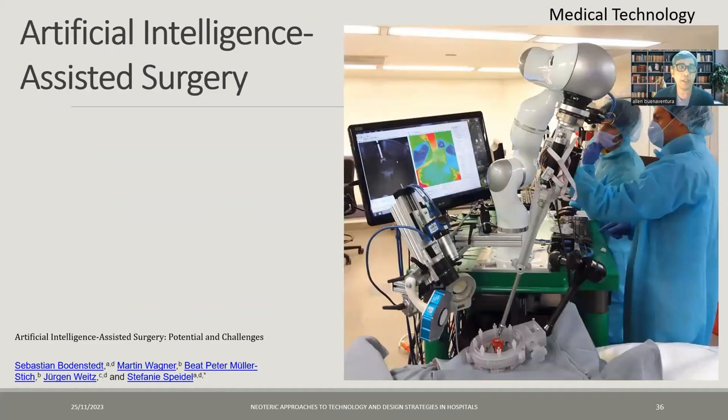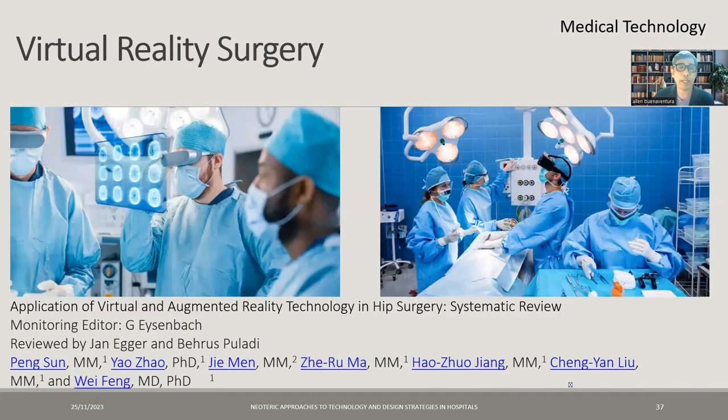Another is the artificial intelligence assisted surgery. It is also a type of robotic assisted surgery. Another is the virtual reality surgery. It is a simulated imaging technique that allows surgeons to practice surgical procedures on 3D models.